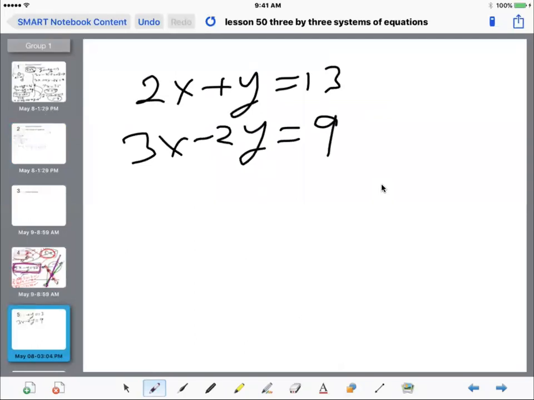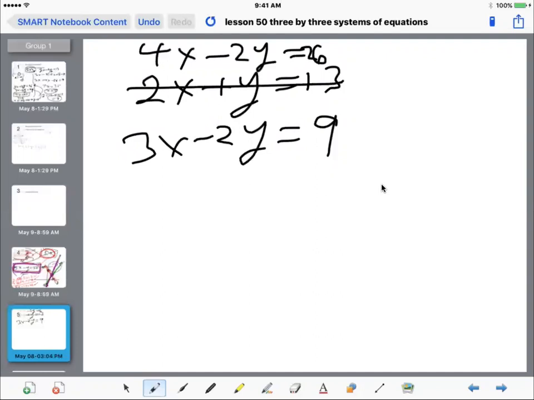Well, when you multiply this top equation by 2, what happens to the graph? What happens to the graph of an equation if I multiply the left and right side by 2? What happens to the graph of the solution set?